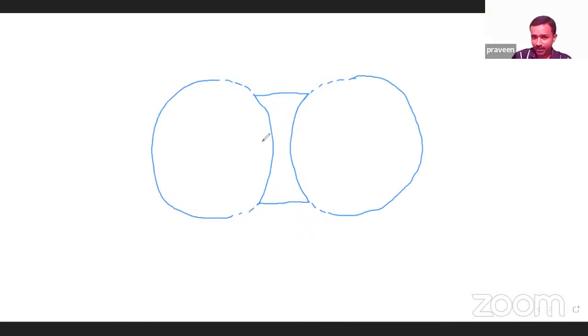Their centers are towards the left side and the right side. Here the light ray is targeted onto the surface from left end to right end like this. The first surface is on the left side and its center is also on the left side. That's why it is given as C1. Then the second surface's center is on the right side. This is the second surface. This is the first surface.